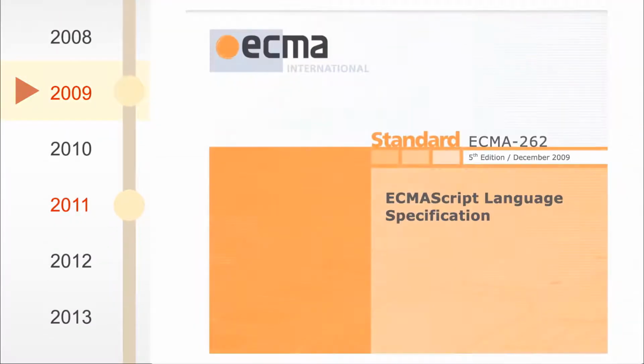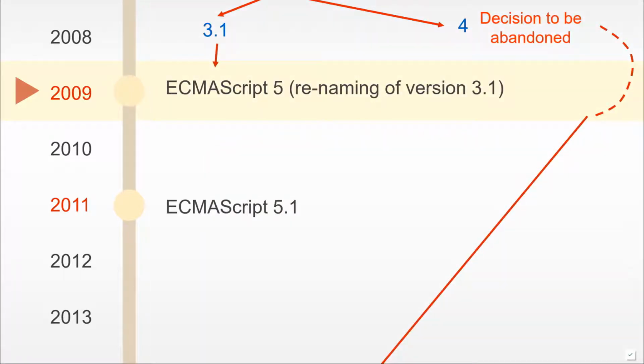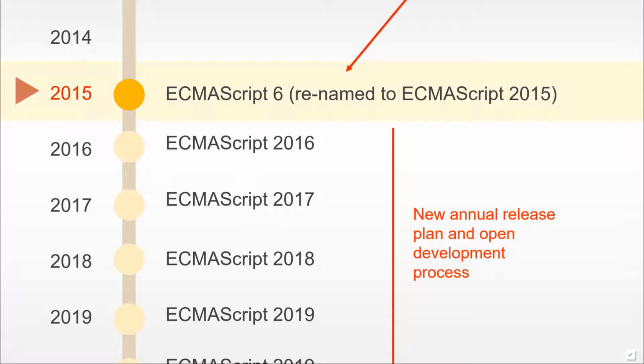ECMAScript 5 gave us important new features such as strict mode, getters and setters, improvements in security such as the ability to freeze objects. Even though abandoned after a decade of effort, not all work done on ECMAScript 4 was going to go to waste. Many of the features planned for this phase would in fact make it to the next version of the specification, ECMAScript 6. Work on ECMAScript 6 went a lot more smoothly with consensus of the committee.